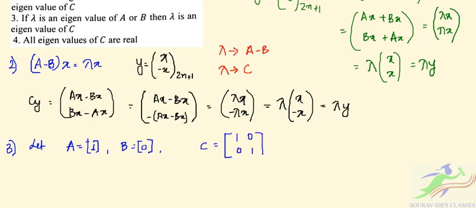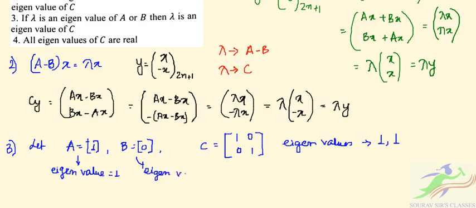So the eigenvalues of C in our case will be 1 comma 1, whereas the eigenvalue of A is 1 and the eigenvalue of B is 0, right?